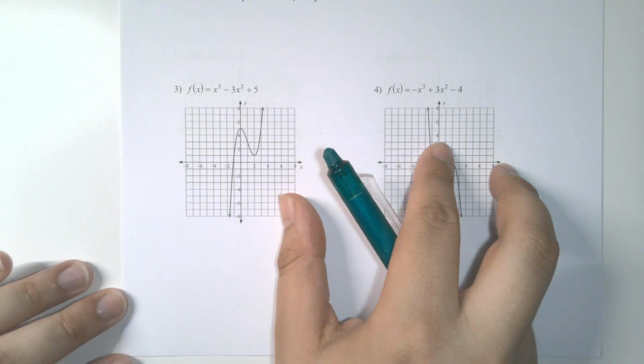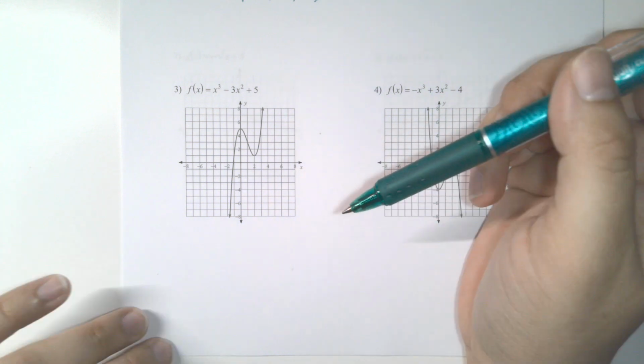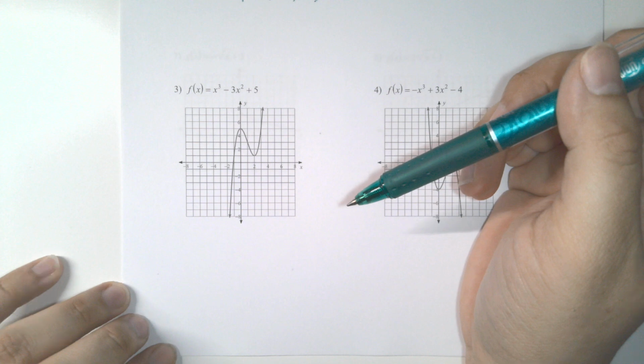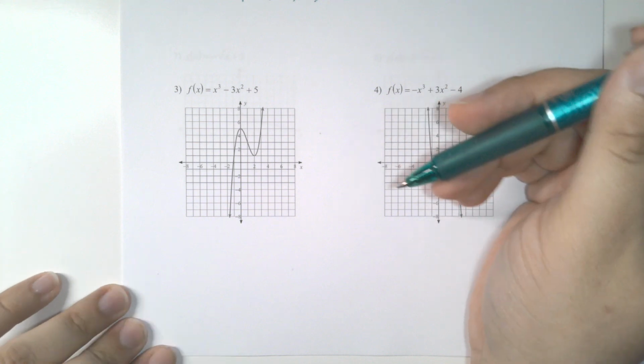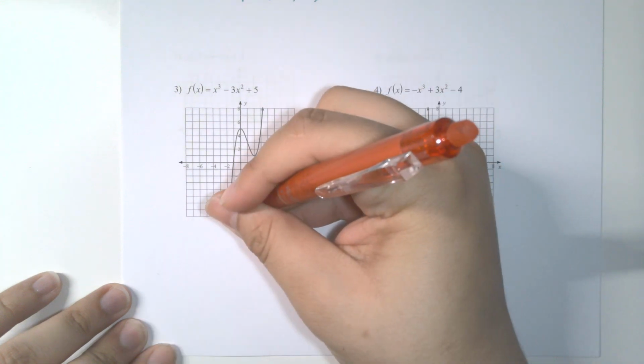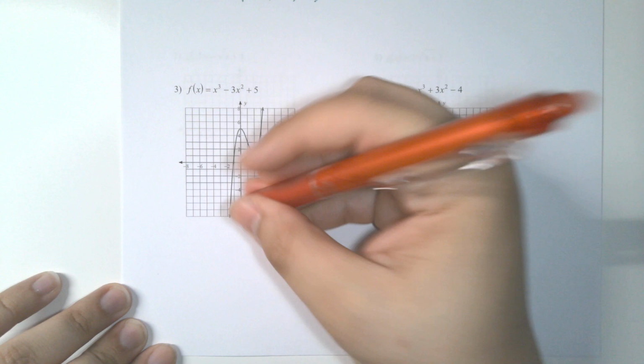So what about our second example here for number 3? Well, as I mentioned before, we can have concave up and down on the same graph. And so, let's look at our slopes. So in red, I'm going to use for concave down.